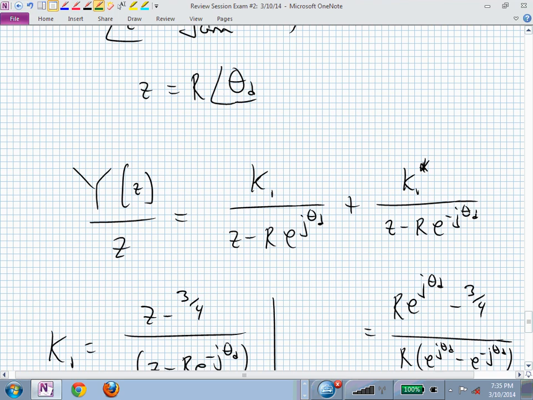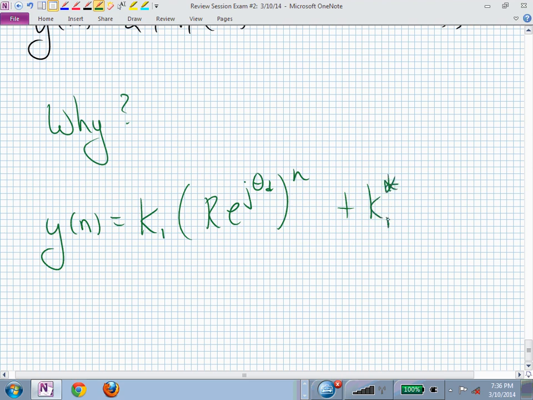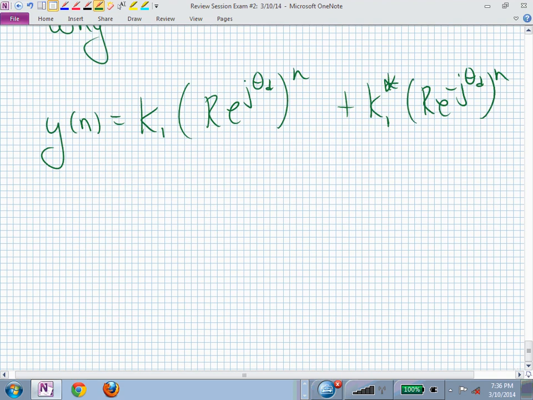The same structure. Meaning, y[n] is the partial fraction expansion coefficient times r e^(jθ_d) to the n, plus k1 star r e^(-jθ_d) to the n. That's just how we inversely transformed z over z minus x, where x now is a complex number.